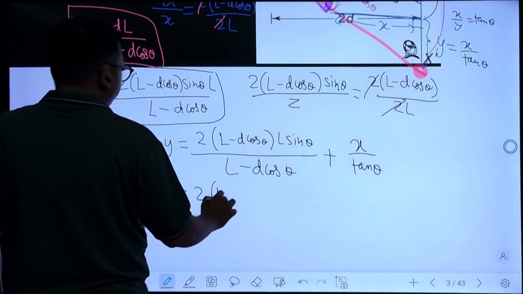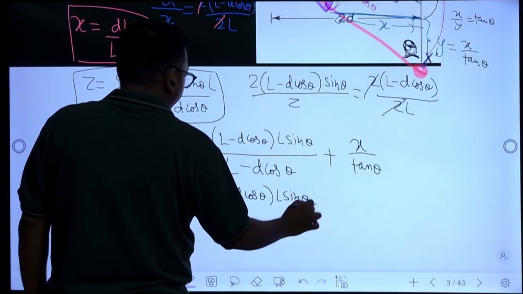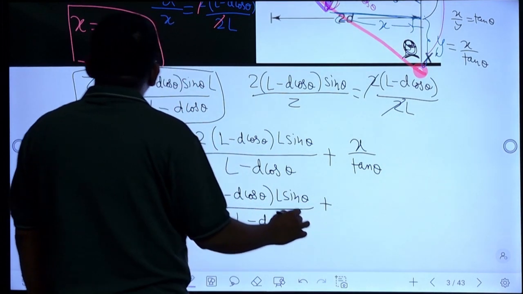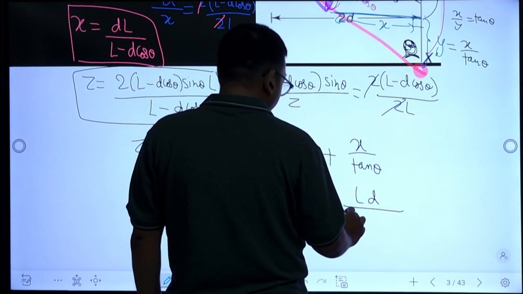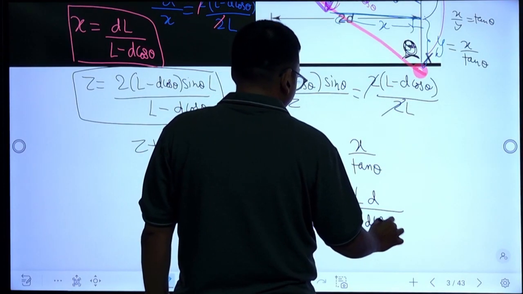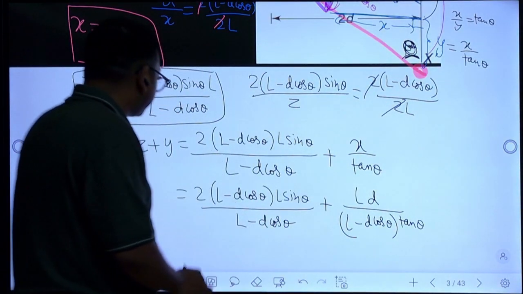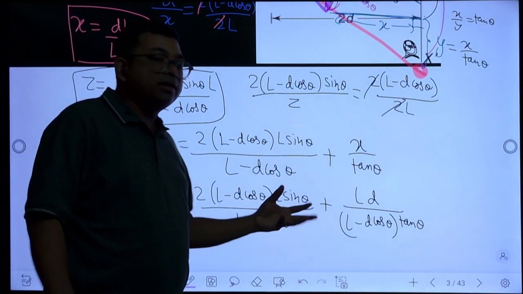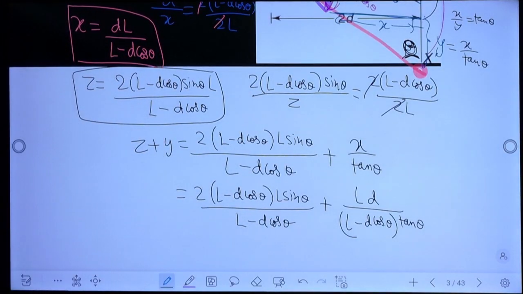So 2L minus d cos theta into L sin theta by L minus d cos theta plus x, x is d L by L minus d cos theta into tan theta. Now we can substitute the values and get the answer. L is given, d is given, theta is given, everything is given. We will be able to calculate it. Clear? Are you clear about this?